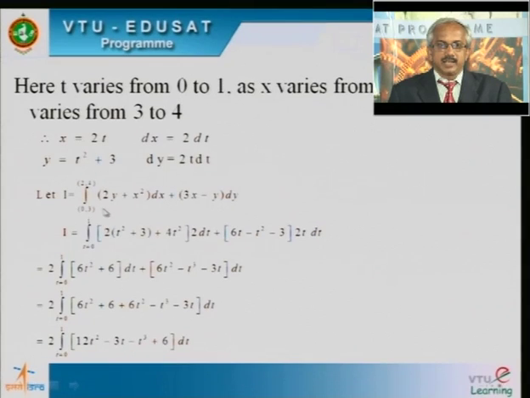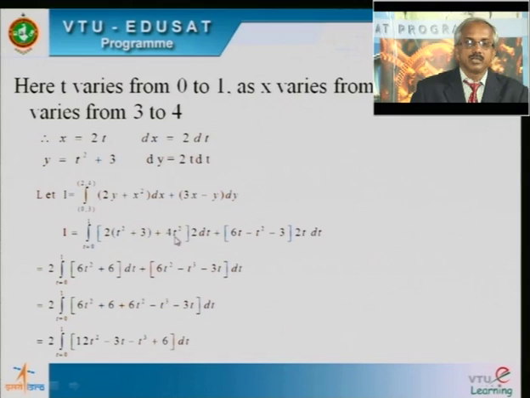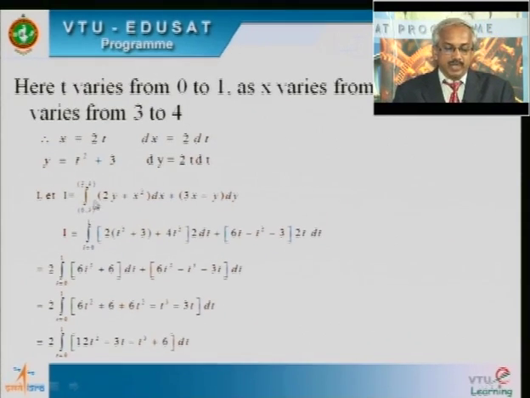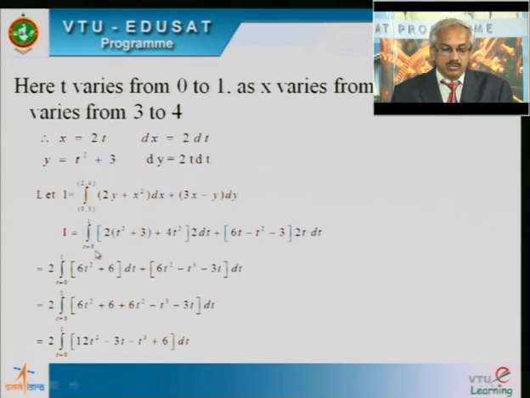Substitute this in the integrand, so we get 2 times (t squared plus 3) plus 4t squared, into 2 dt, plus (6t minus t squared minus 3) into 2t dt. Observe here that all the terms in the integrand are functions of the single variable t. Therefore the limits on x and y are replaced by t equal to 0 to 1, and this converts into an ordinary real valued function in t.